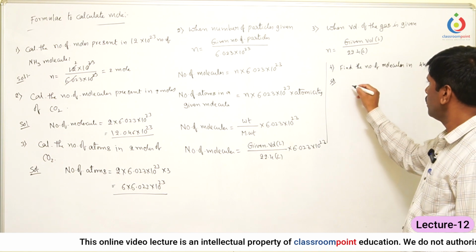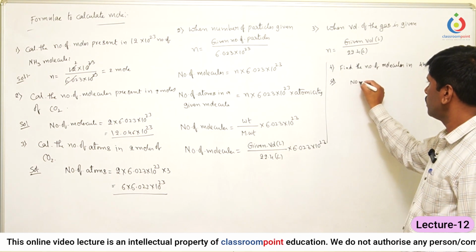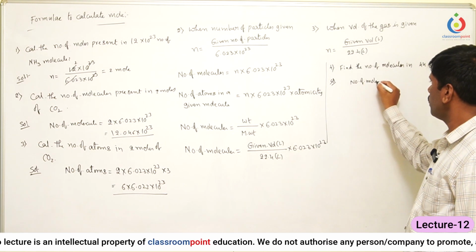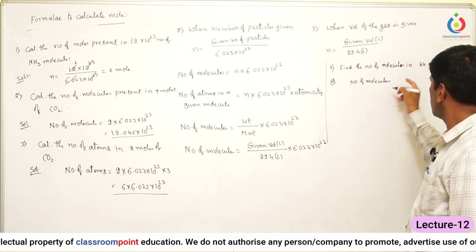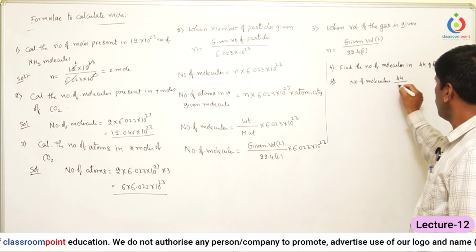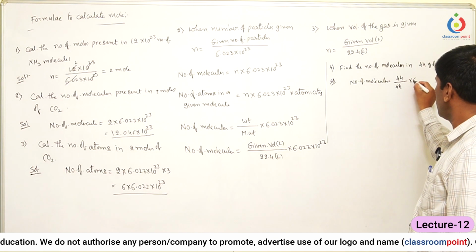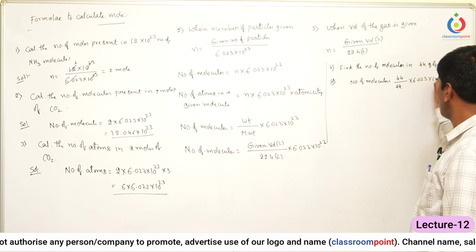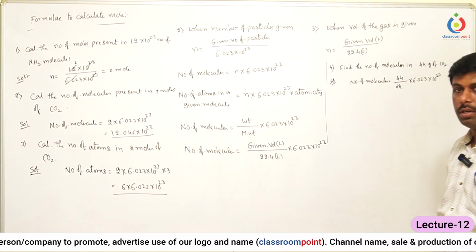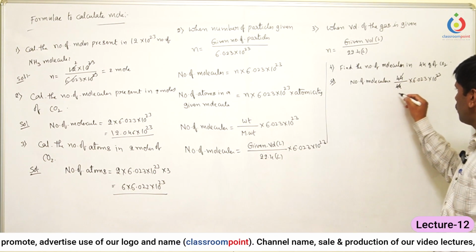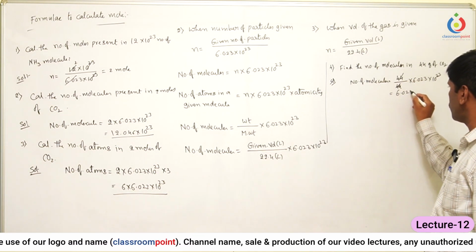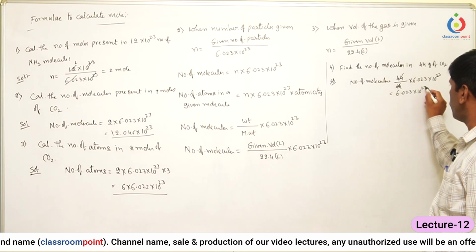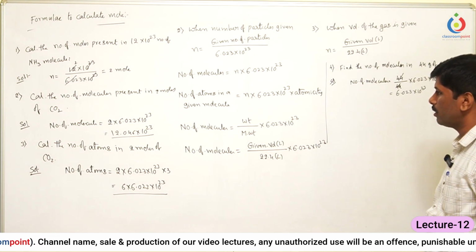So the solution: number of molecules equals, given mass 44, molecular mass also 44, into Avogadro's number 6.023 into 10 power 23. So it cancels out, finally it is giving 6.023 into 10 power 23 CO2 molecules.